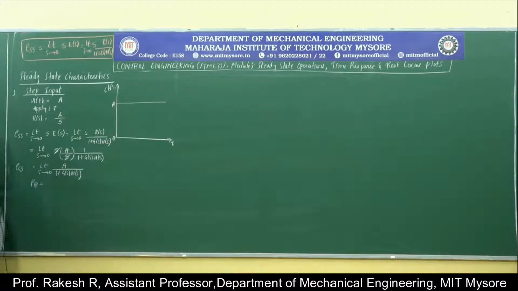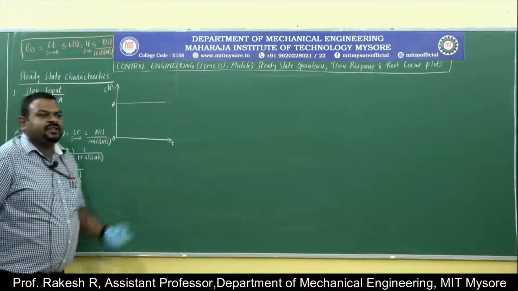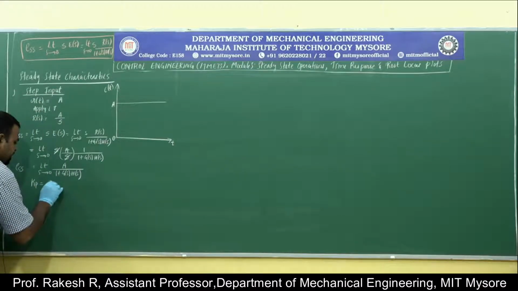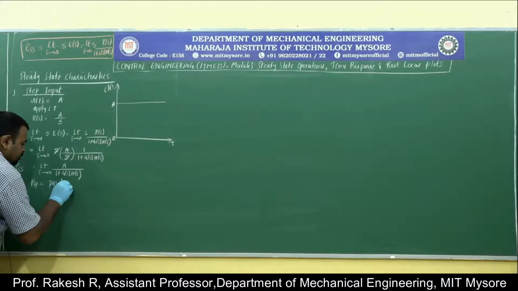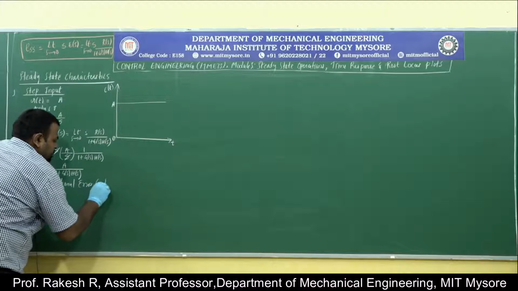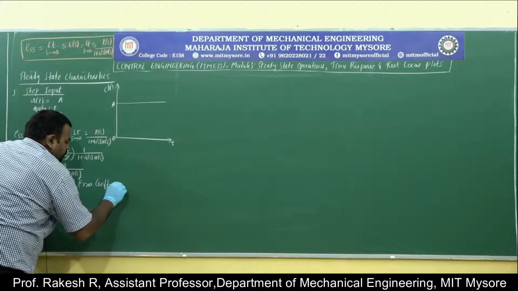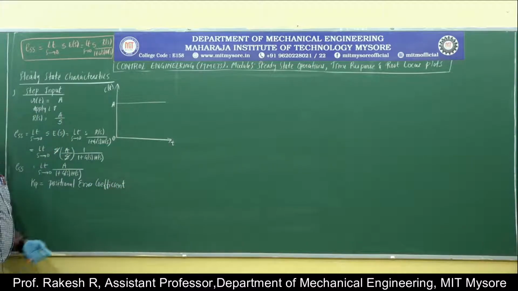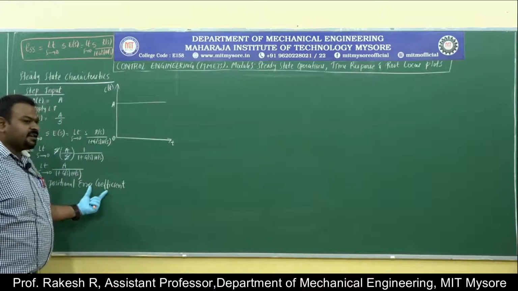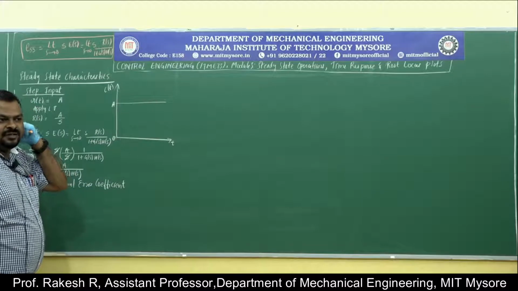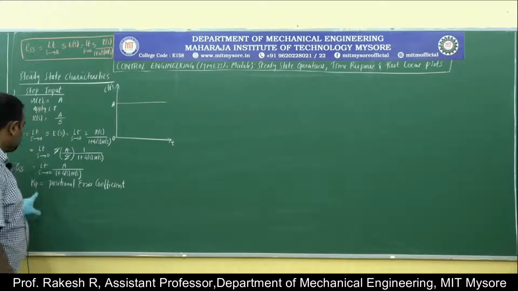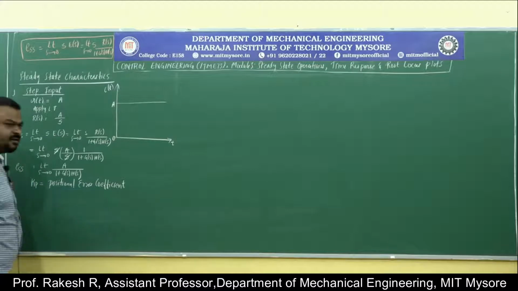Kp is a proportionality constant for step input, which is called the positional error coefficient or static error coefficient. This is the error coefficient corresponding to position or displacement error coefficient. There are several names. So Kp is a proportionality constant.